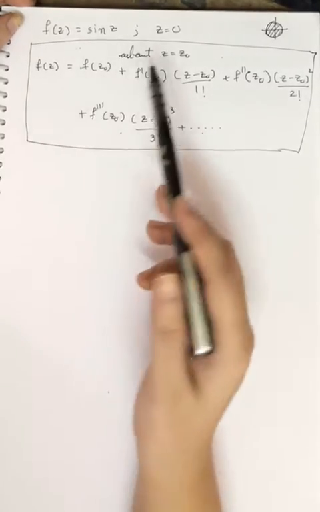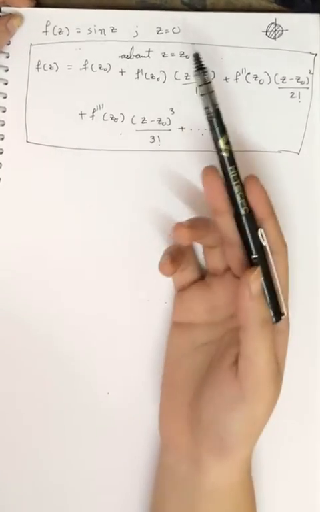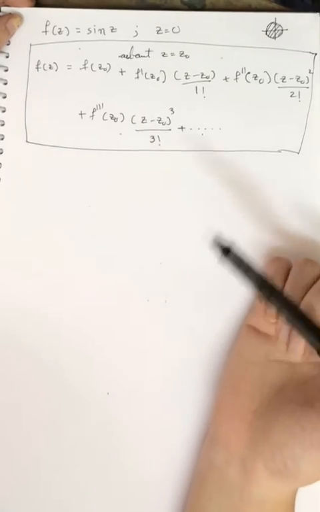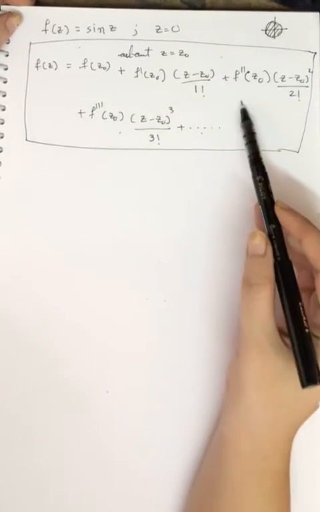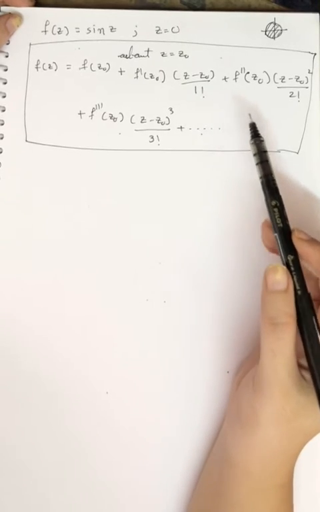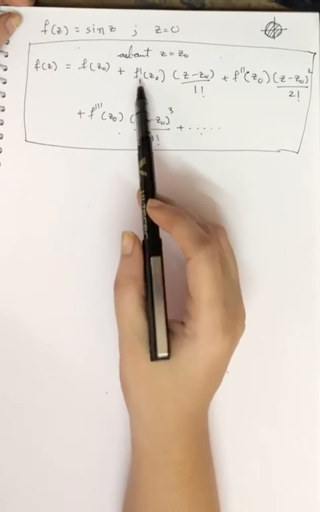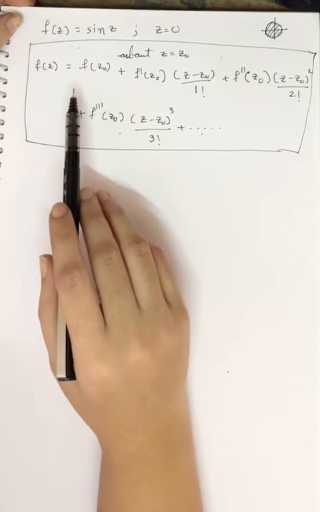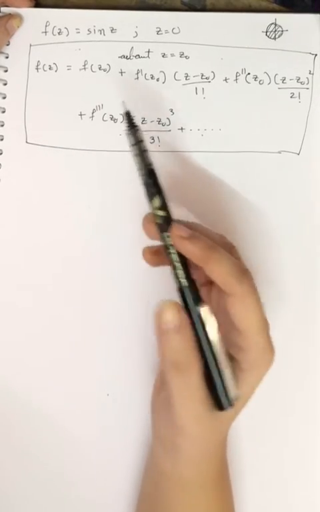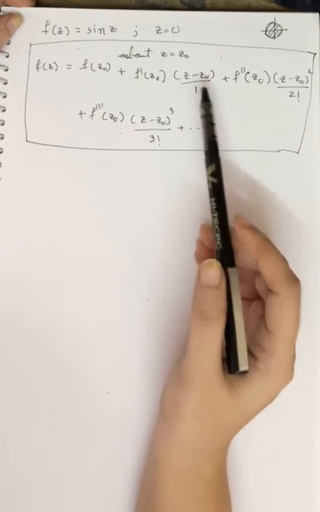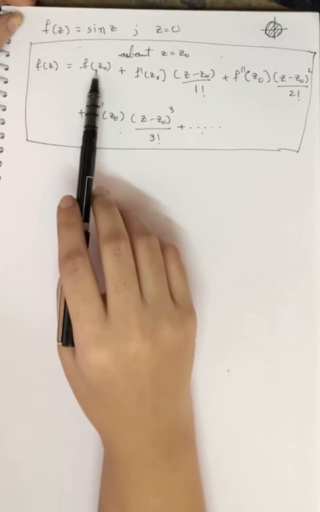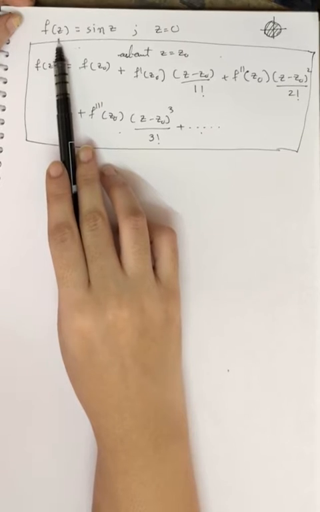Okay, here we don't have to check anything, we are already asked for the Taylor series expansion, so we will do that. This is the definition of Taylor series expansion which we are going to use. You can see what prerequisites we need in order to use this definition. We need f of z, which is already given.